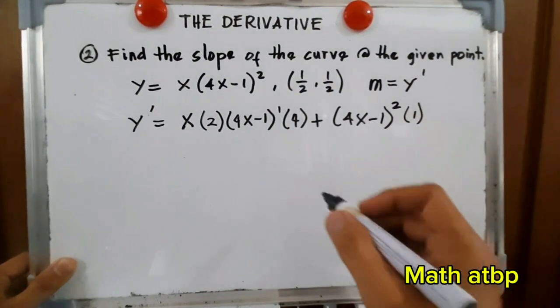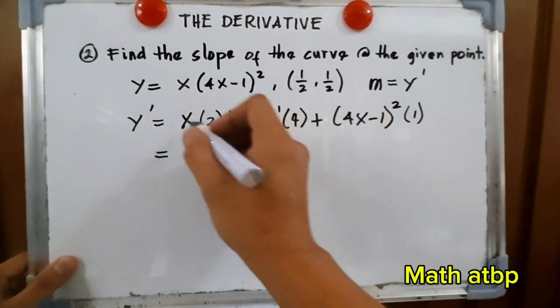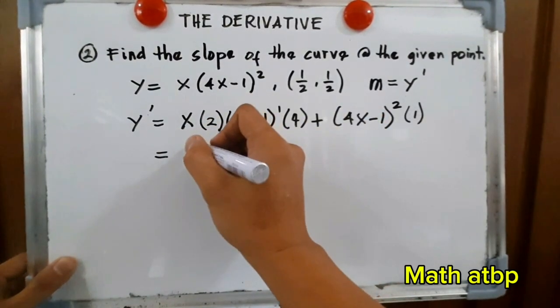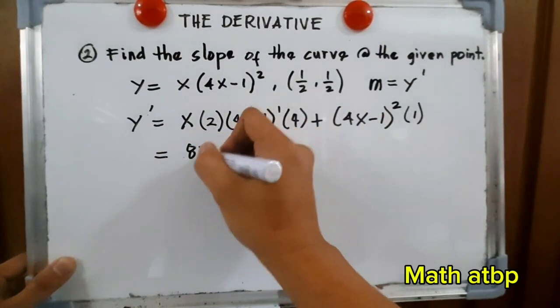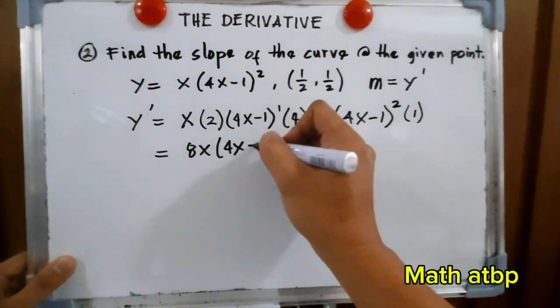Okay, then let us distribute. 4 times x times 2, that is 8x times 4x minus 1.